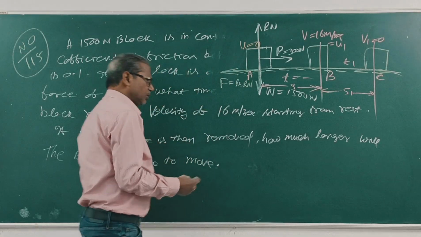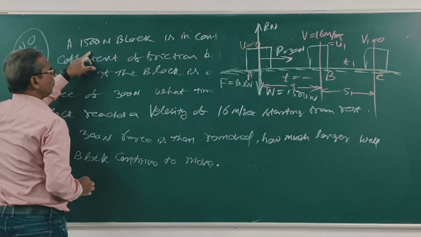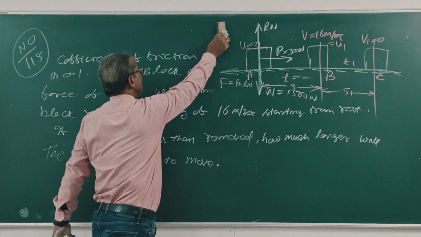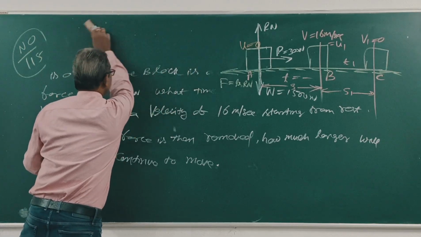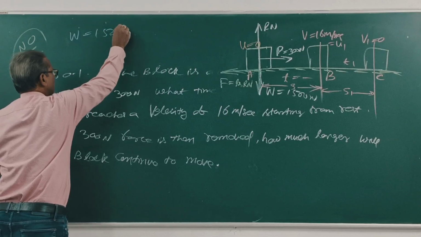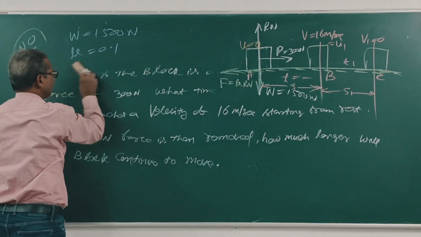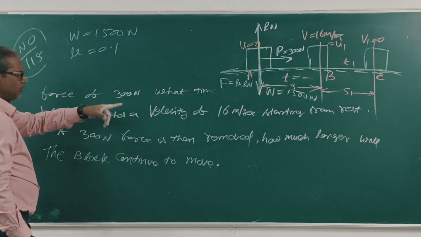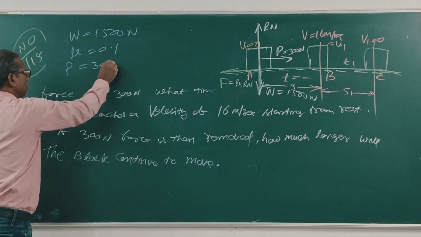Now the question is a block weighing 1500 Newton, W, and mu is equal to 0.1. Clear? W is equal to 1500 Newton, mu is equal to 0.1. The block is acted upon by a force of 300 Newton, P is equal to 300 Newton.